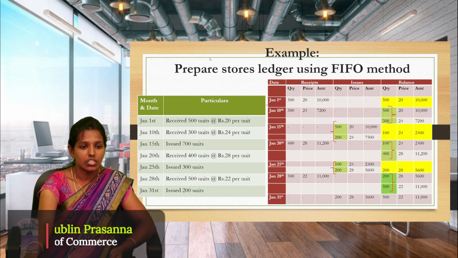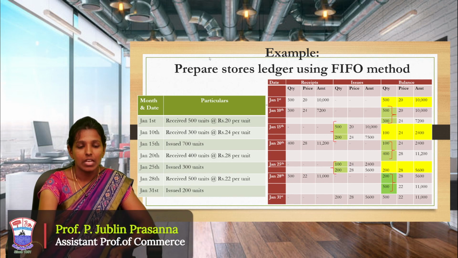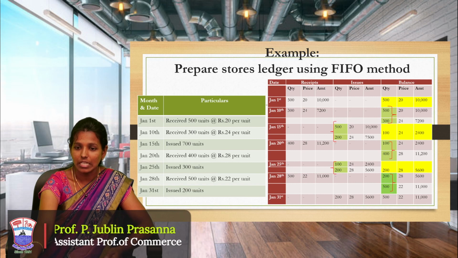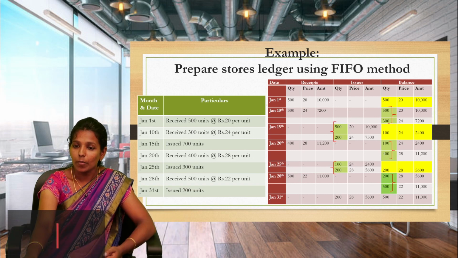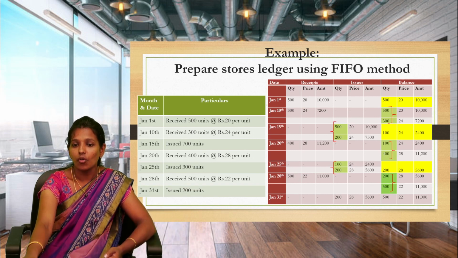The next transaction is January 25. I am issuing 300 units. So on 25th January, in the issue column, I have to issue 300 units. From where will I take these 300 units? First receipt is 100 units. So from the brackets, I am taking the 100 units at the rate of rupees 24, which amounts to rupees 2,400.